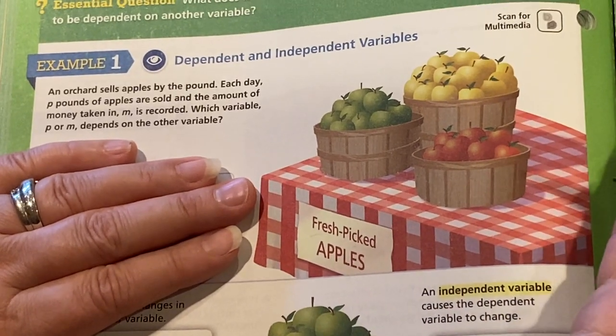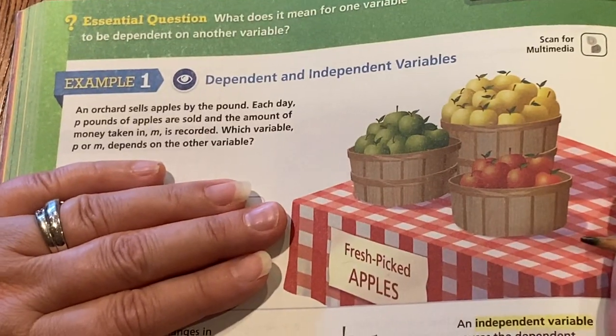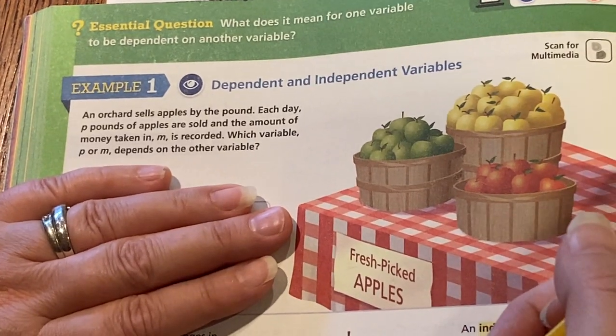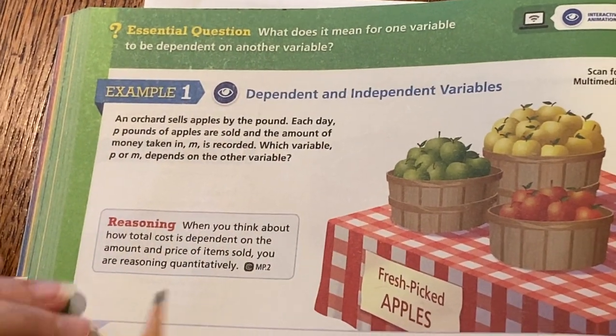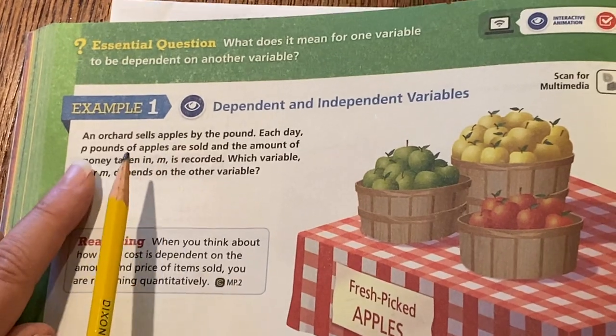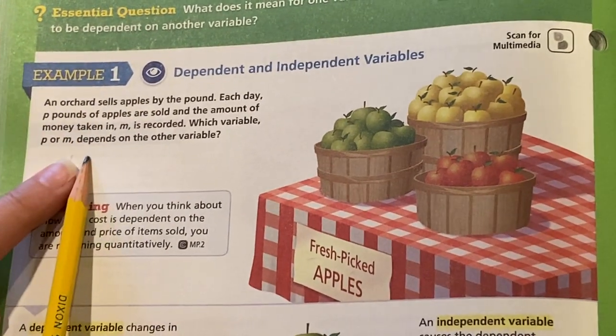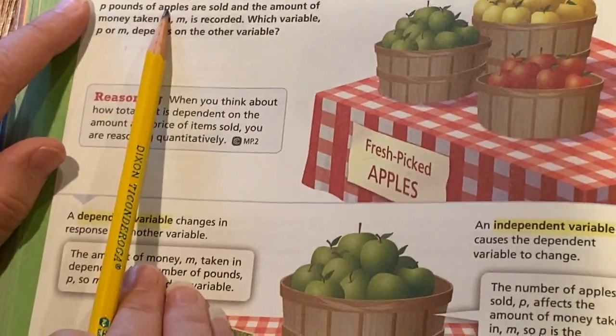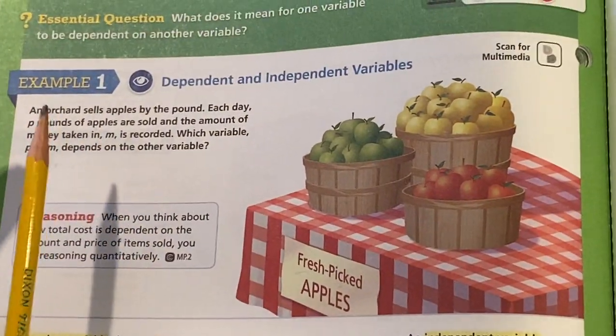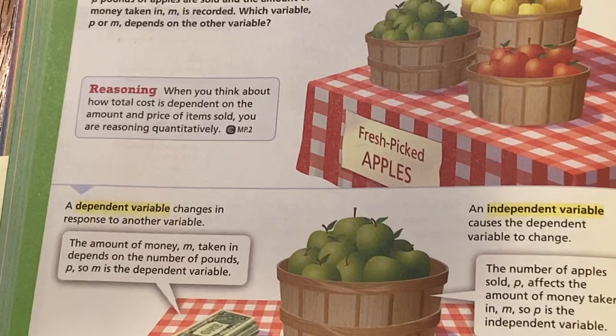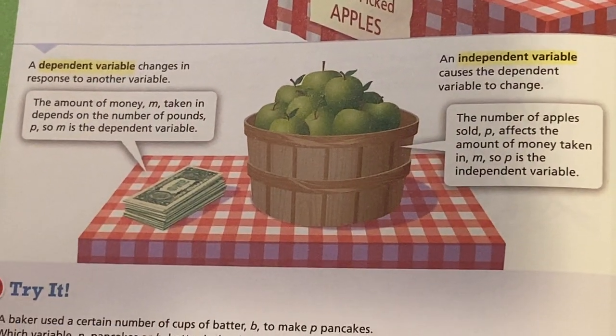The way you'd say it was that if you sold more pounds of apples, you would make more money. So that means that M is the dependent variable. The money made depends on the number of pounds of apples. Okay? So this is just explaining that there.